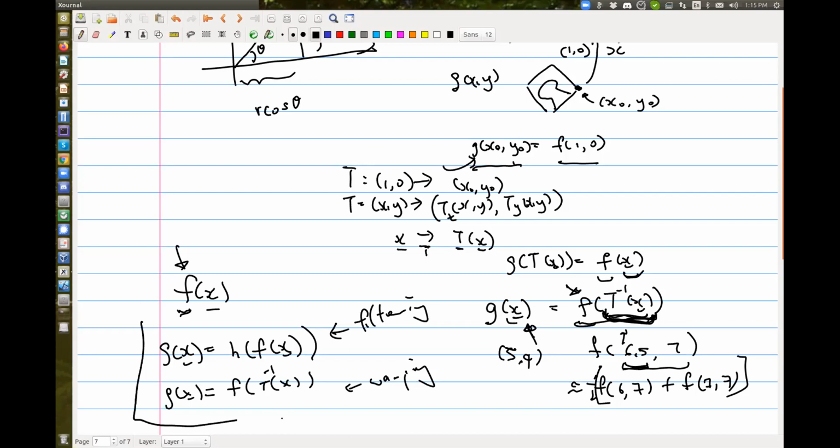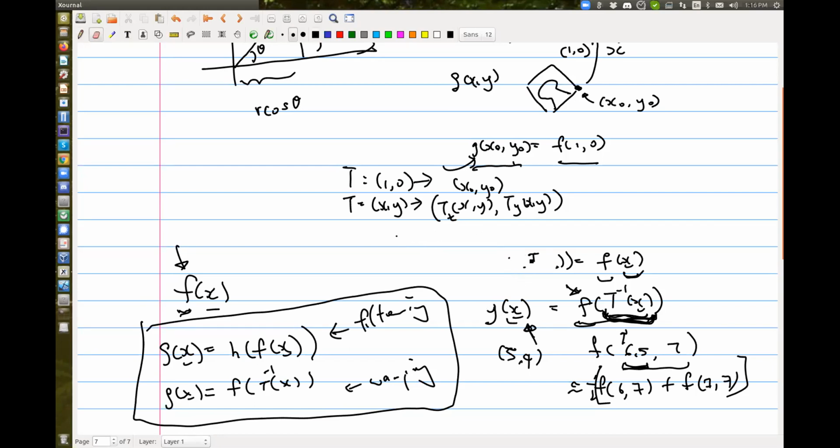I can't elaborate here. I just want to explain this and give a more general case for warping. But let's go back to something more specific, rotation.